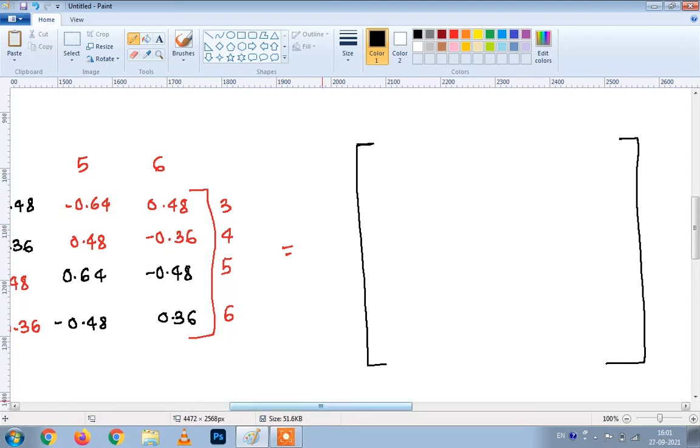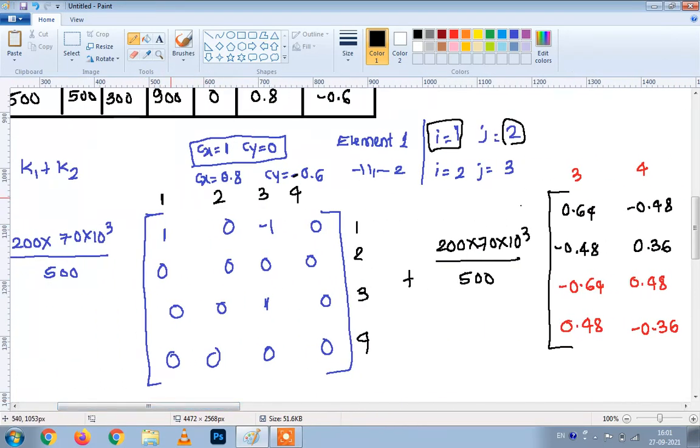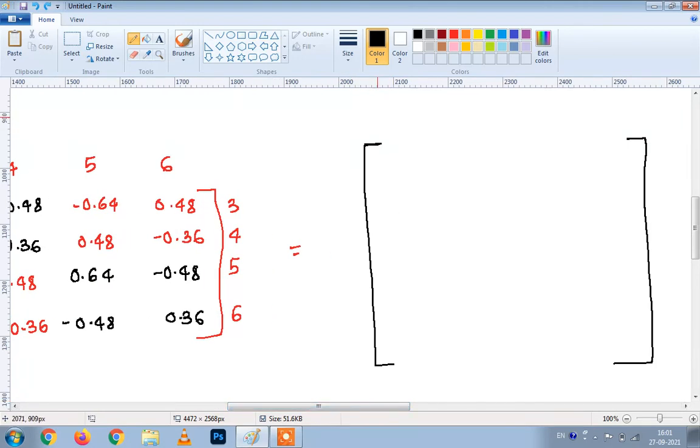While talking about this 6 by 6 matrix, if you observe here, this is 1 2 3 4, 1 2 3 4. For example, I will show you the location of this particular marked portion. It is in first row, first column. Now here, its position is second row, third column. So this particular matrix will be placed in 1 2 3 4, 1 2 3 4. So here I write 1 2 3 4 5 6, 1 2 3 4 5 6.